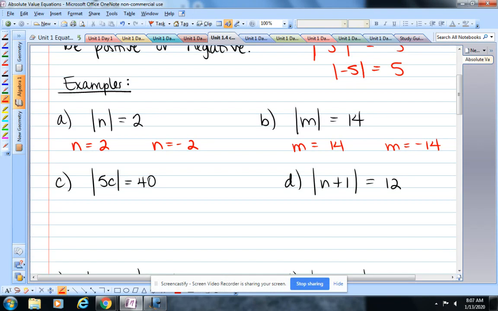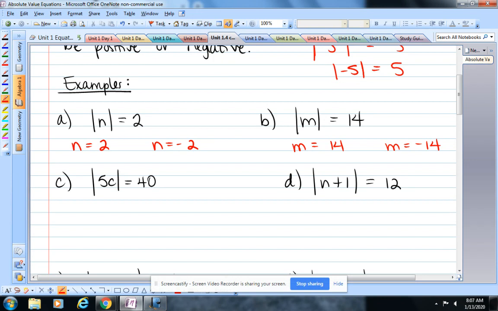We have some stuff in there with our variables, okay? So it's 5c, the absolute value of 5c equals 40. So what's inside the bars, I have to consider it equaling what two numbers? Now to get everything inside here, it has to equal what? 40 or negative 40. So that's what we do.